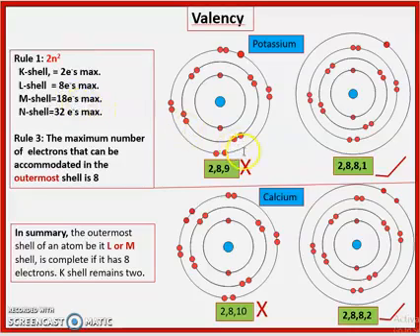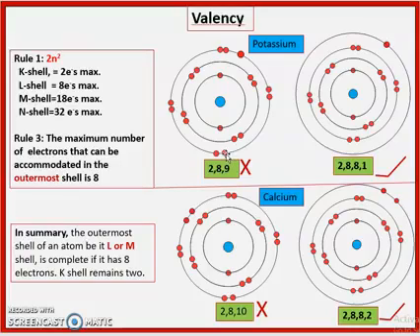But this is not right, because if you say 2, 8, 9, you have broken the third rule. The third rule says that as long as that M shell is the outermost shell, the maximum number of electrons that will be left there is 8. So since we have 9 left, and this is the outermost shell, we cannot put all the 9 electrons here.